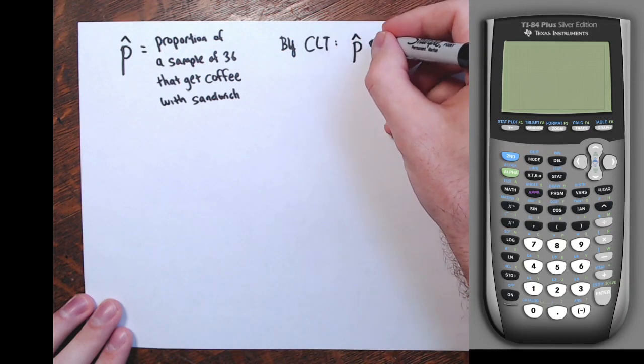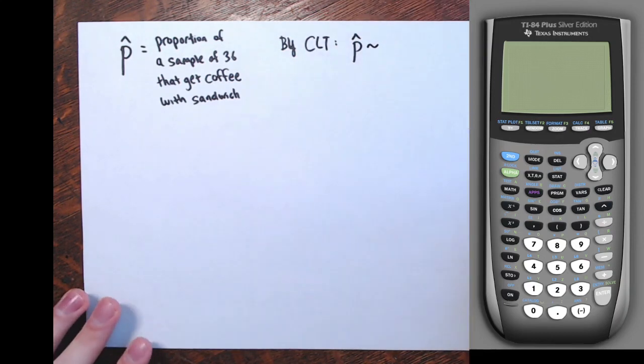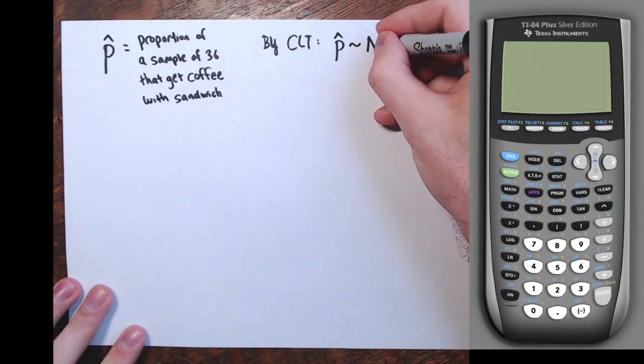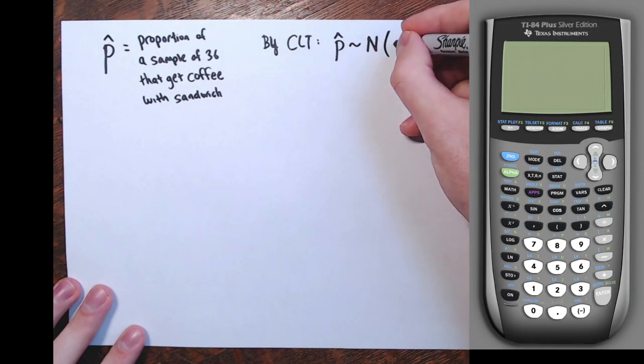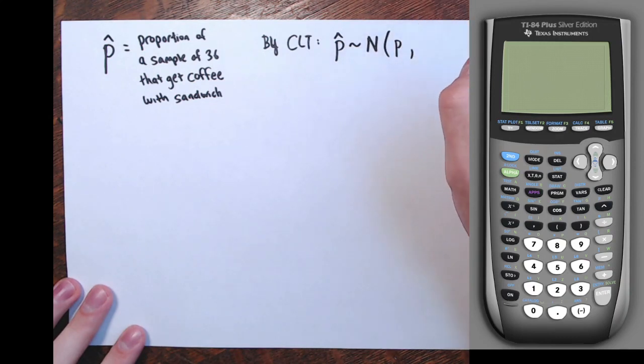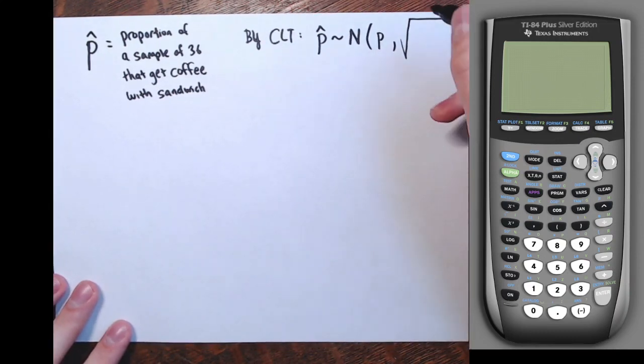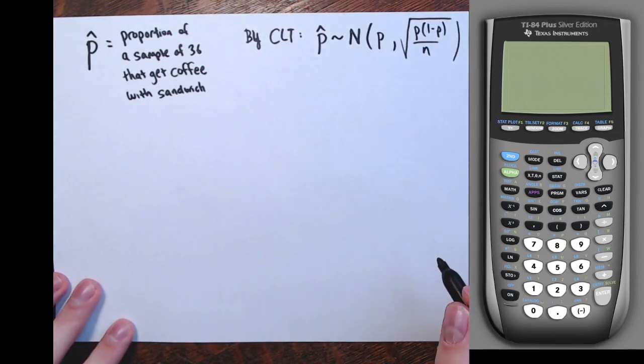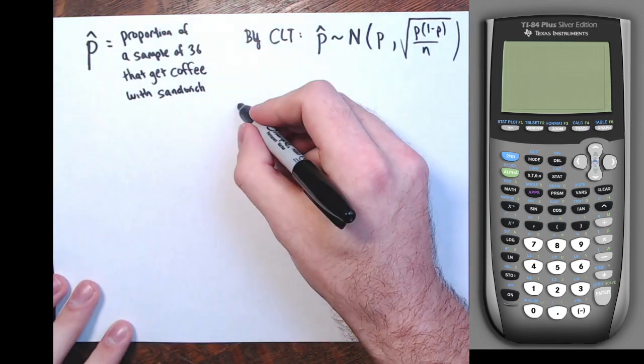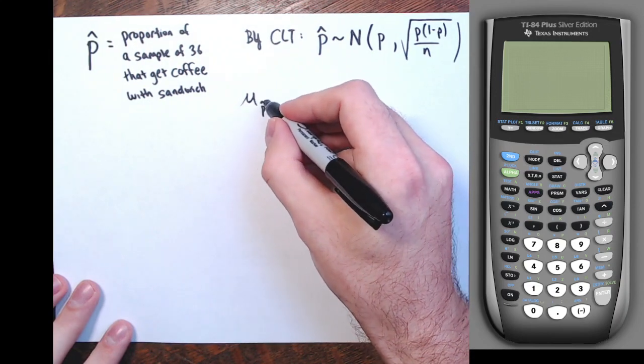these proportions, the p hats, should be approximately normal with a mean of p, which we'll find, and a standard deviation of the square root of p times 1 minus p divided by n. Again, we'll find these things. All right, so the mean of the p hats, again, is p.